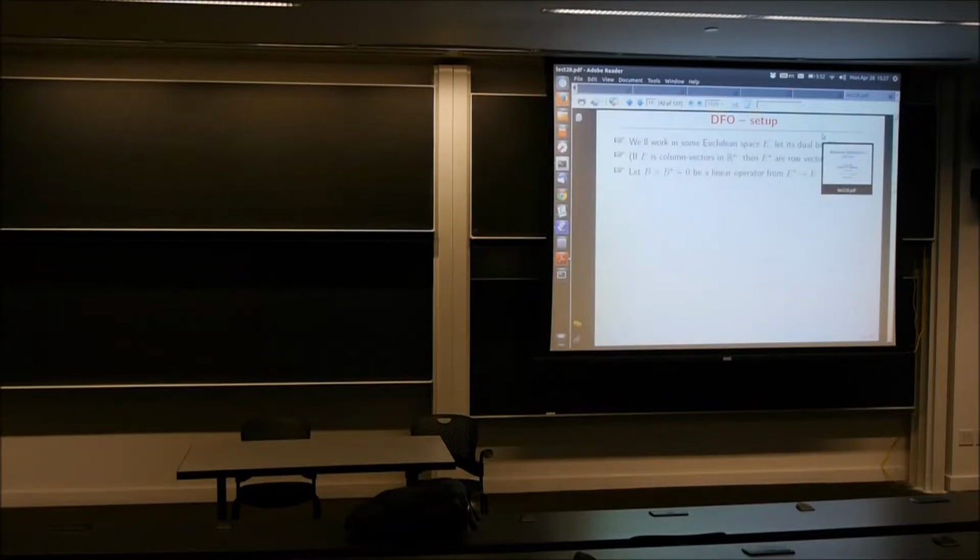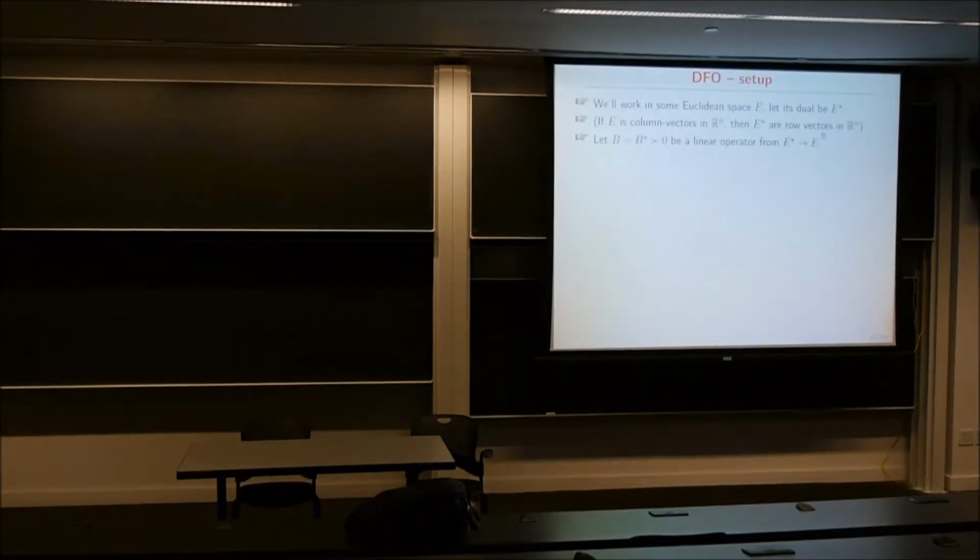Okay. So the setup is, we are doing minimization in a Euclidean space. Let's call it E. This simplifies notation. It saves me from writing R to the n each time. So E basically means R to the n.